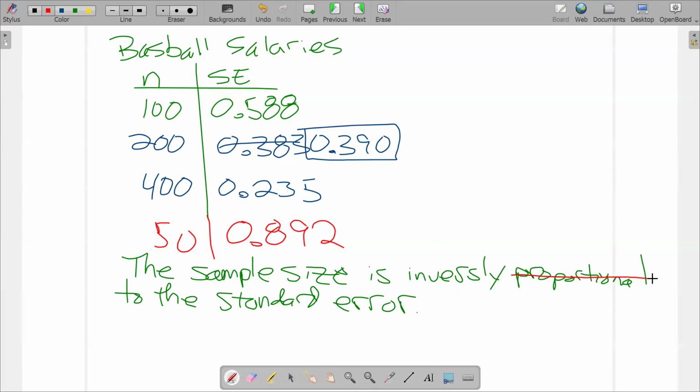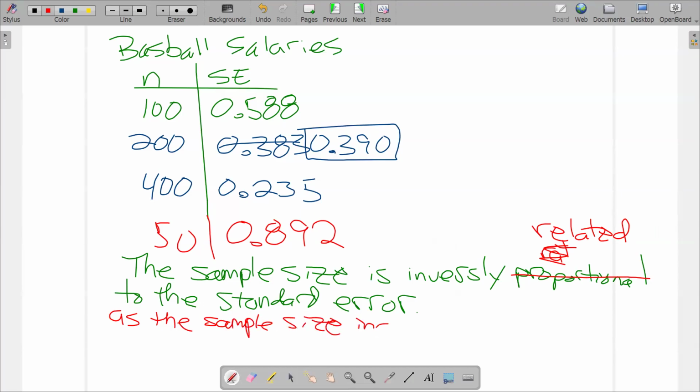So I should scale that back a bit and say it's inversely related. What I mean by that is as the sample size increases, the standard error decreases.